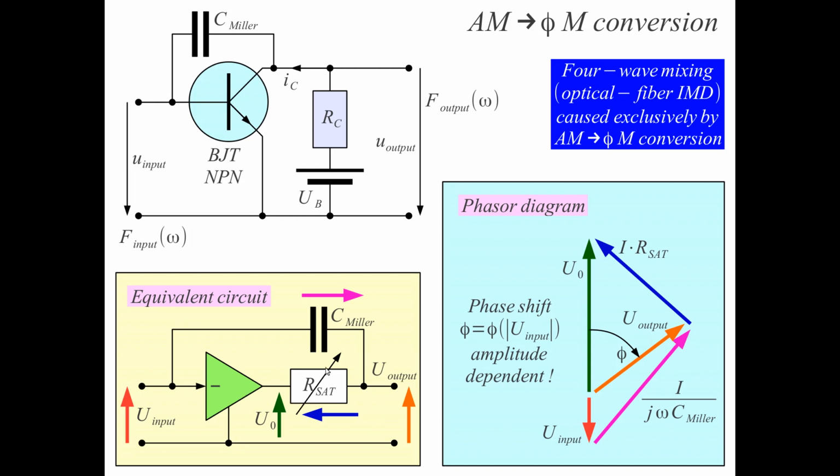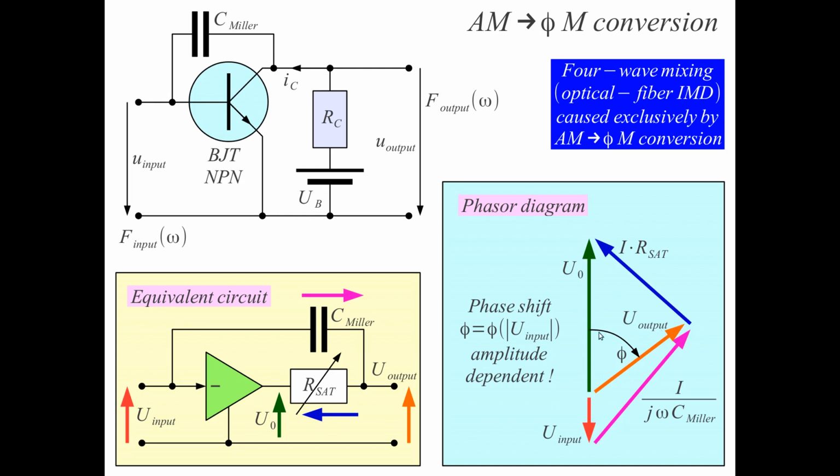So, redrawing the phasor diagram for this circuit, we have the linearly amplified signal and the crosstalk signal going through the feedback capacitor, and the output signal is now the phasor sum of both these phasors. This voltage falls on the saturation and this feedback capacitor here.